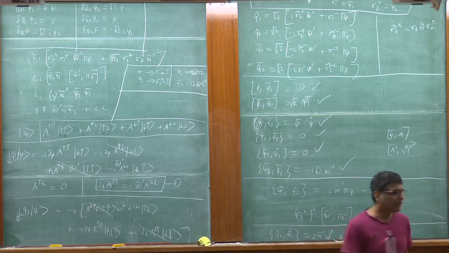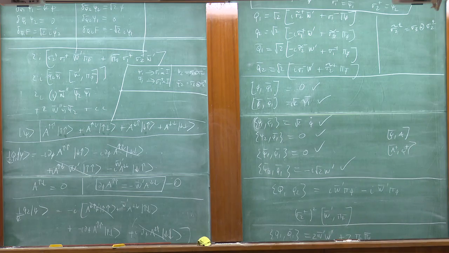So the question is, is there a geometrical implementation when we do the canonical quantization? Do Q and Q bar become nice objects in geometry, just like Q and Q bar in the two supercharge case became d and d bar, which were beautiful and very natural objects in geometry? Okay, so that's the question.